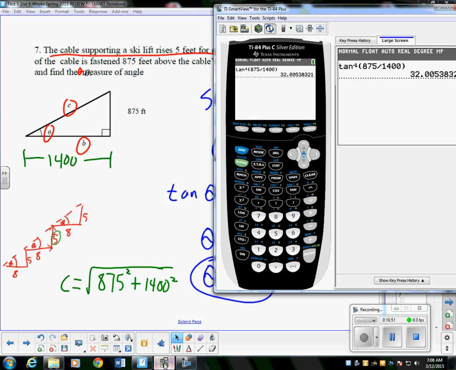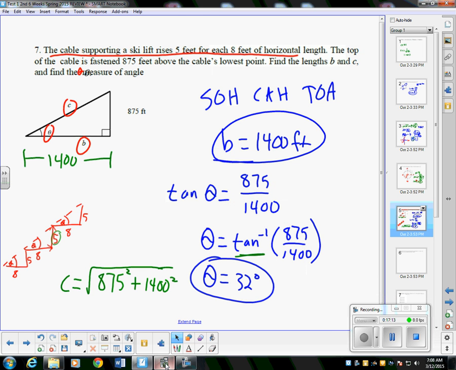I'm taking the square root of 875 squared plus 1400 squared. And that answer is 1650.95. And of course that should make sense in that the hypotenuse should be the longest side.